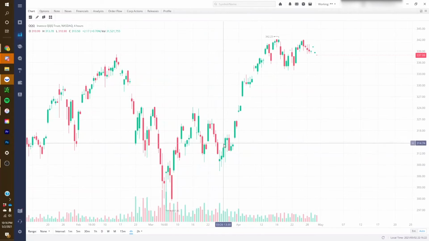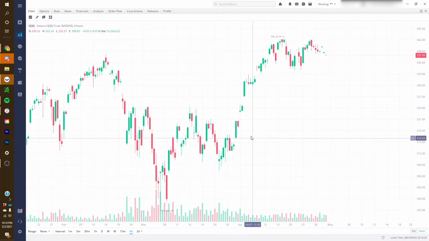If you don't know how candles work, the green candles mean the candle closed higher than it opened, and the red candles mean that the candle closed lower than it opened. For this big green candle right here, it opened where you see the candle is green right there, and then it closed where the candle is green up top.